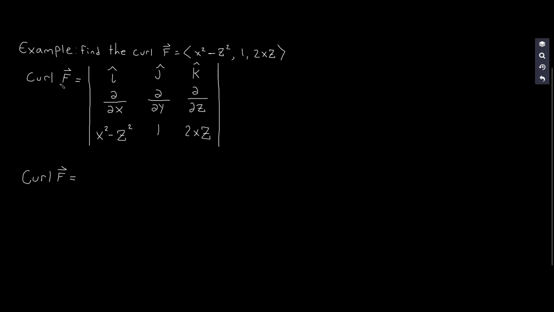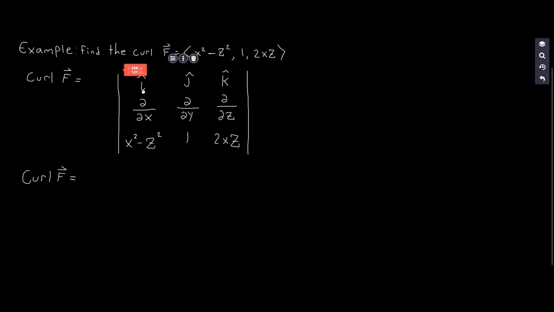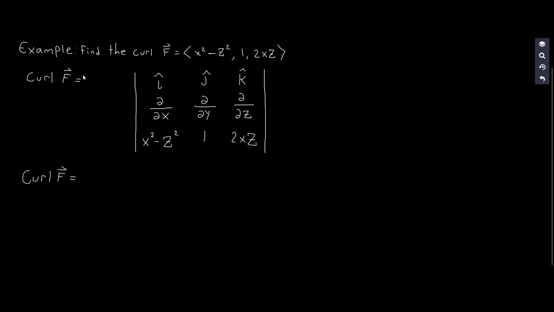One thing to note is that, maybe I should be specific here, I want to show that curl is the del operator cross vector f. We are taking the cross product of the gradient cross vector f, and that's why we have these partials here in this second row.